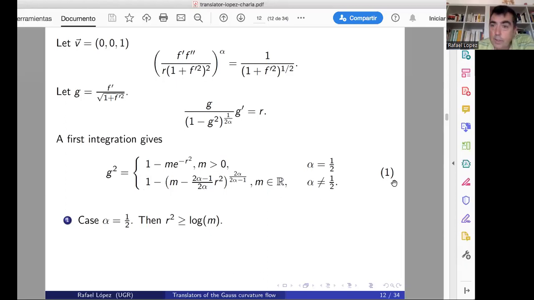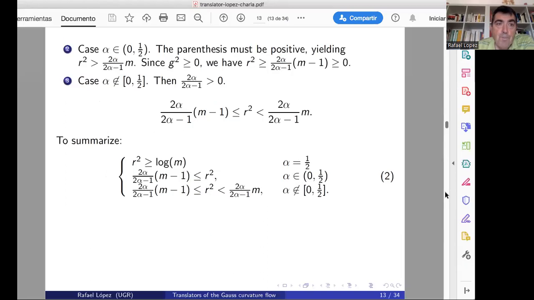There are two conditions. Essentially, it's not necessary to study more here. This is the domain in all cases, depending on the constant alpha.